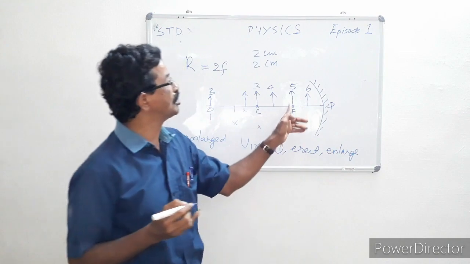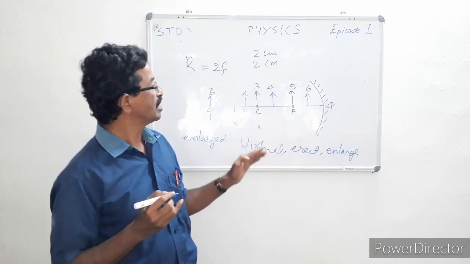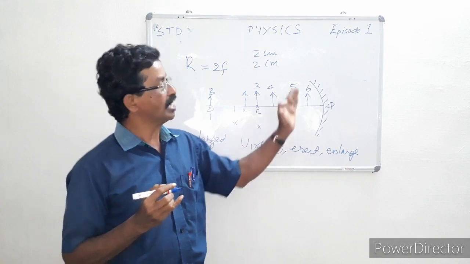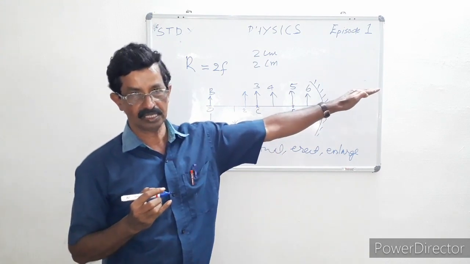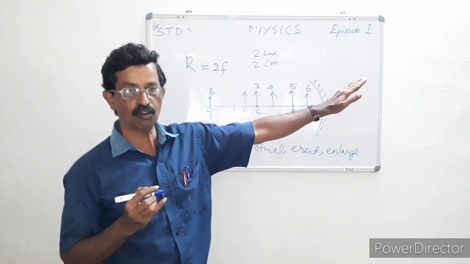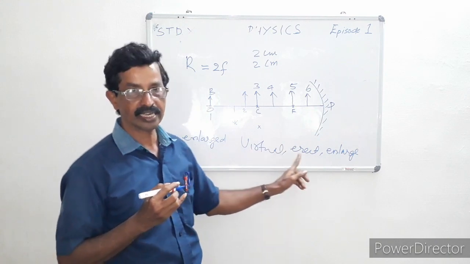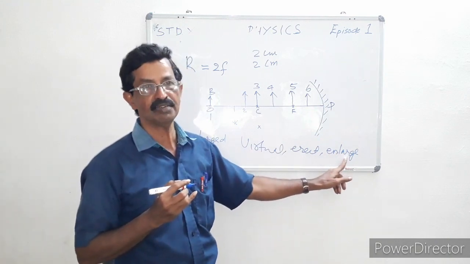When the object is in between F and P, the image we get will be on the other side of the mirror. Really we cannot get it on the screen, but we can see the image going to that side. And it is a virtual, erect, enlarged image.